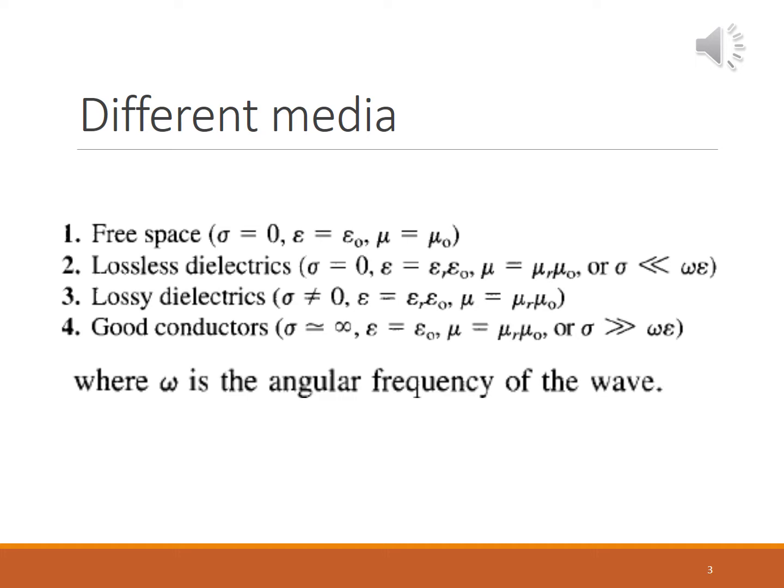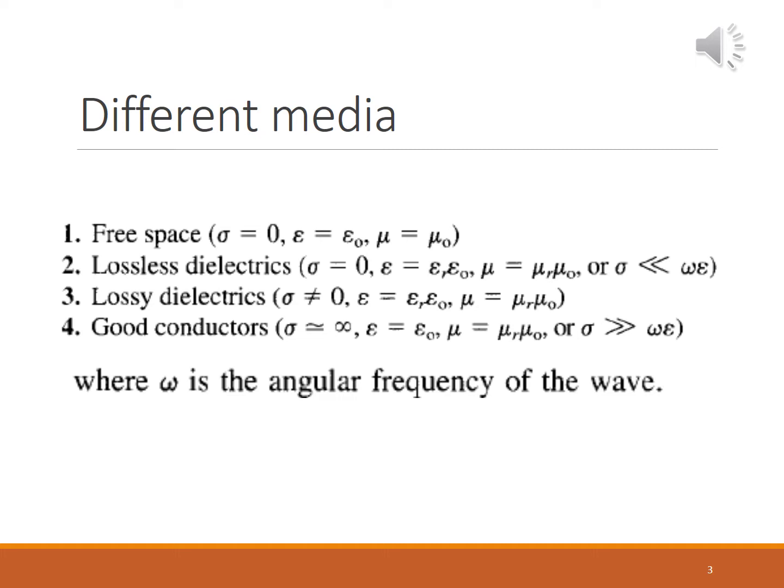And the last category is good conductors. That is, they are perfect conductors, fully conducting. Ideally speaking, your sigma tends to infinity. For good conductors, epsilon is equal to epsilon naught. That means for good conductors, epsilon r is considered to be equal to 1.